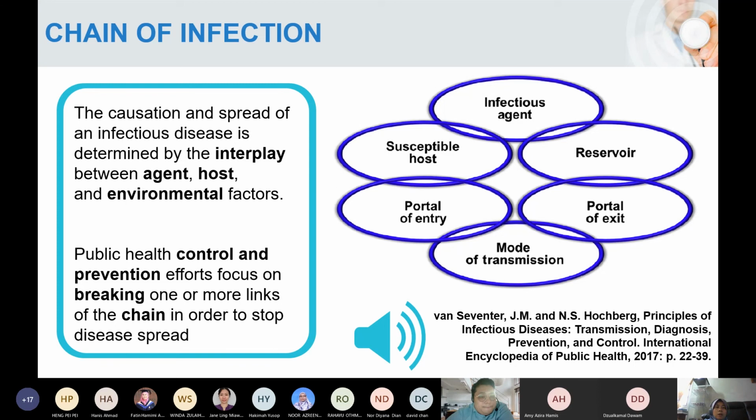The causation and spread of infectious disease goes back to the triad just now between agent, host and environment. So public health prevention and control focus on breaking the chain, breaking the chain to stop disease spread.